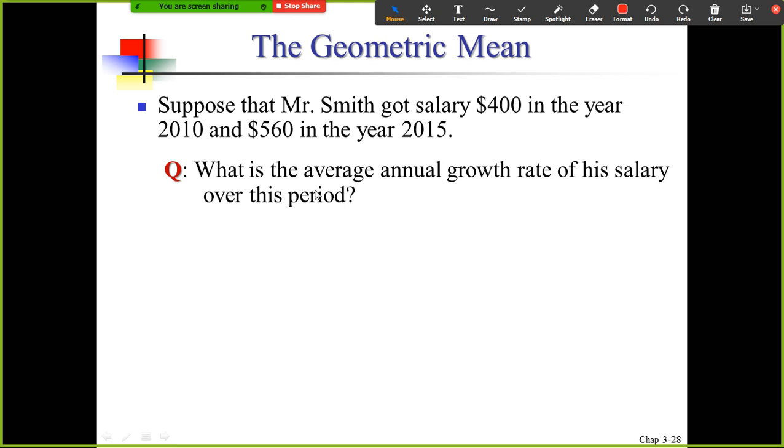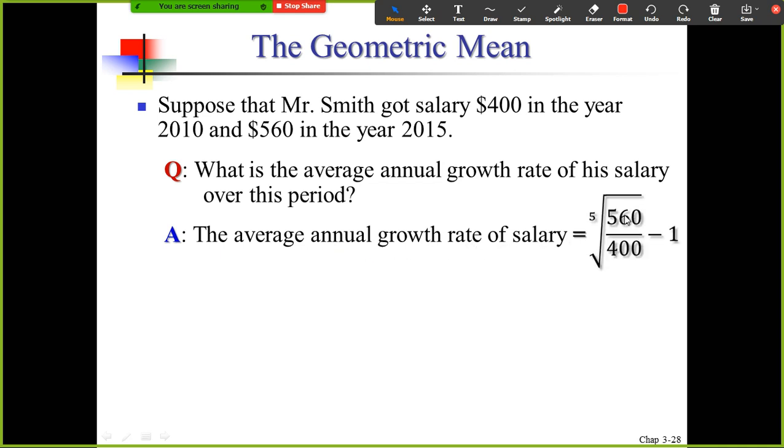So what is the average annual growth rate? Annual means per year. What is the average annual growth rate of his salary over this period of time? The average annual growth rate of his salary is equal to the salary at the ending period divided by the salary at the beginning period, take a fifth root.